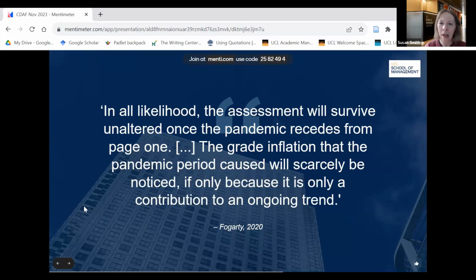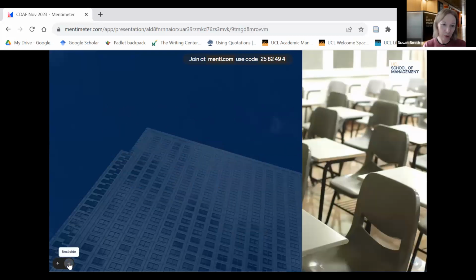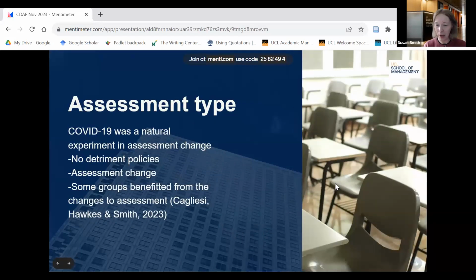And there's lots of research that's starting to come out trying to disaggregate the effect of the pandemic and the safety net type policies that were put in place, and of course they're institution specific, and changes to assessment modes, which of course could be another contributor. Which leads me on to the next point I'd like to consider.